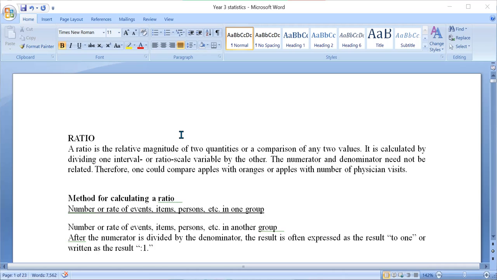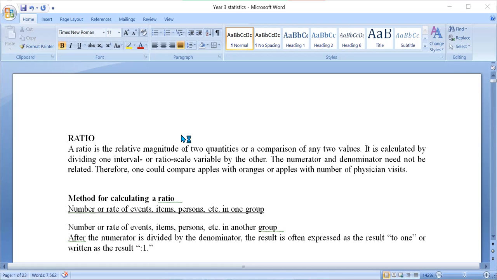Therefore, one could compare apples with oranges or apples with number of physician visits. So in a ratio, we compare two quantities which need not be of the same origin. Looking at the example, oranges and apples, you can make that comparison using ratio.